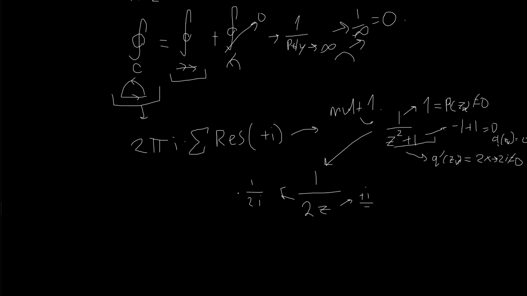Now 1 over 2i times 2 pi i, this cancels out, this cancels out. So really, the answer is just going to be pi. So now we know for a fact the integral from negative infinity to infinity of 1 over x squared plus 1 is just going to be pi.